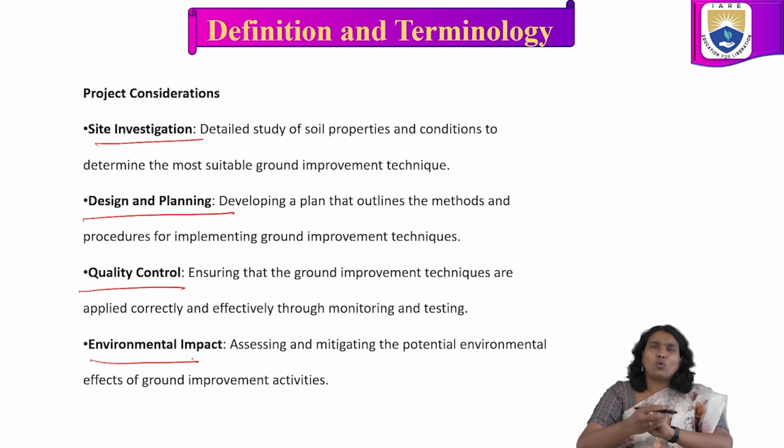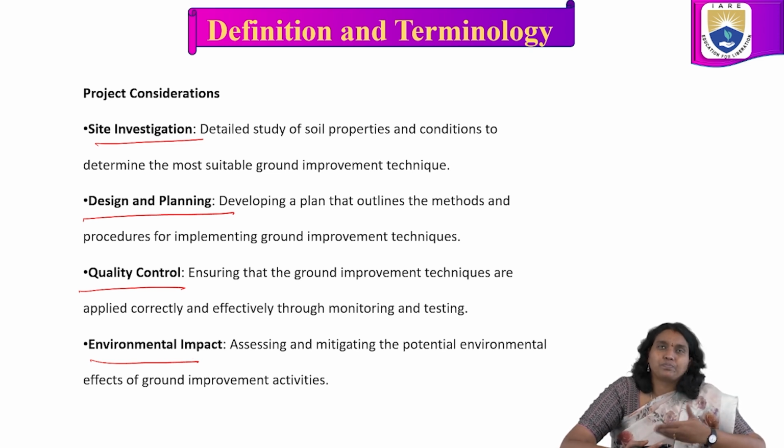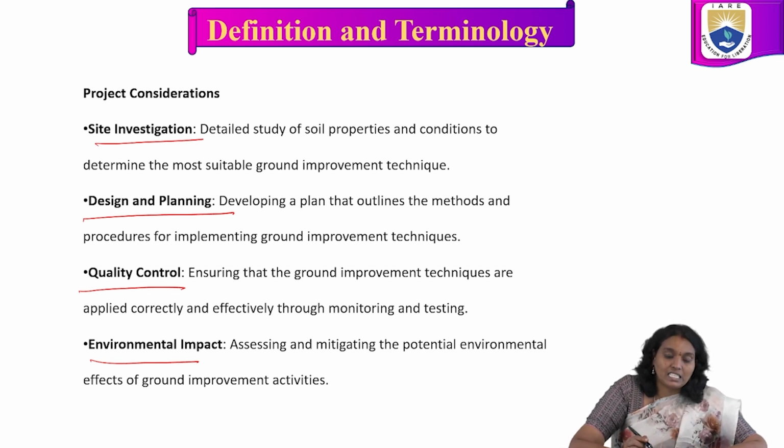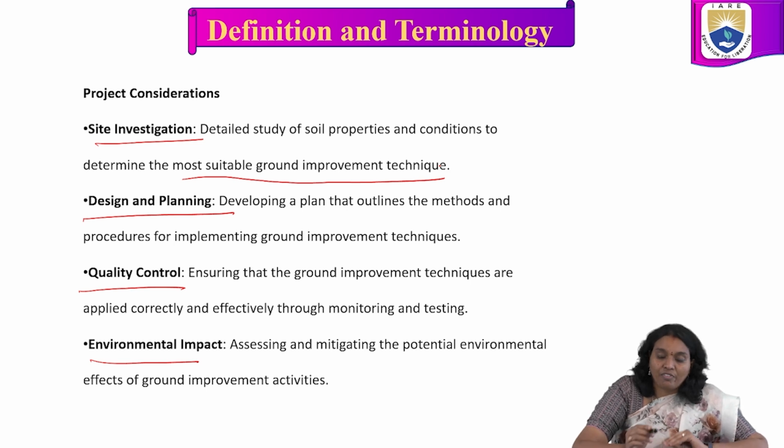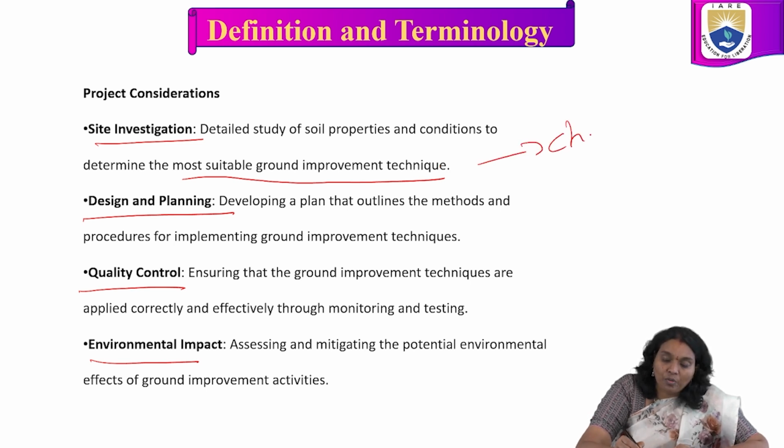These are the most used terms in every study. Site investigation is the detailed study of soil properties and conditions to determine the most suitable ground improvement technique. The choice of technique depends on all these parameters.